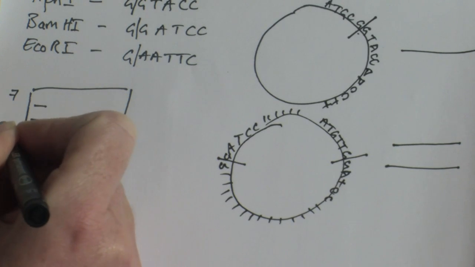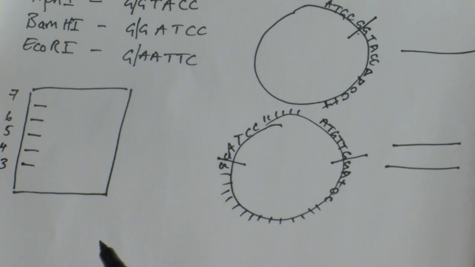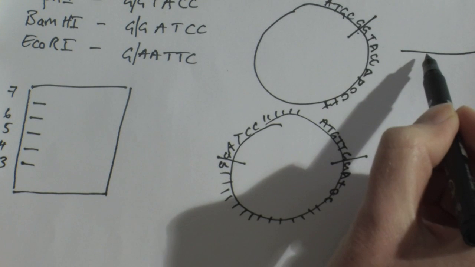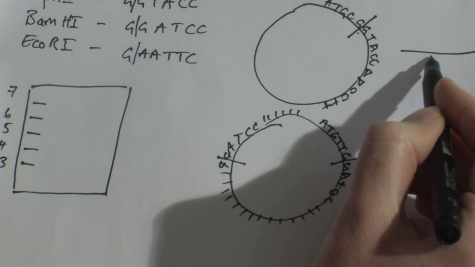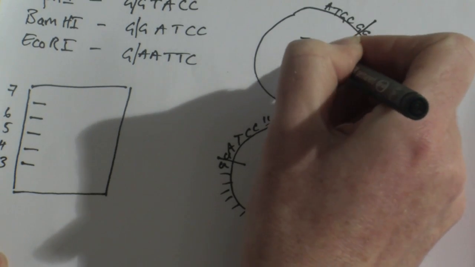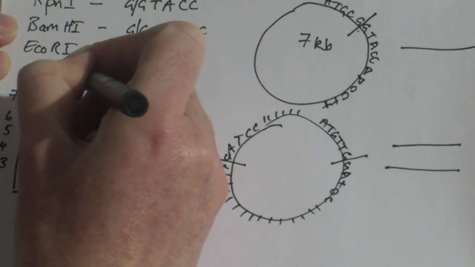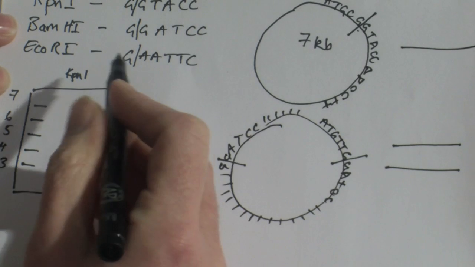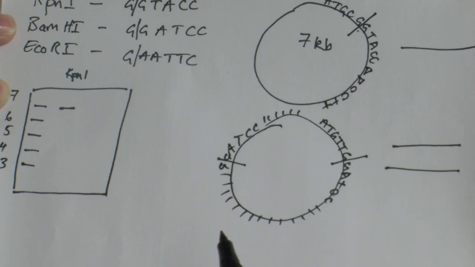Let's say this is 7 kb, 6, 5, 4, 3 kb. Only when I ran this sample here on an agarose gel, let's say it's a 7 kb plasmid, would I know that by cutting with KPN1, I have achieved a single fragment of DNA at 7 kilobases.